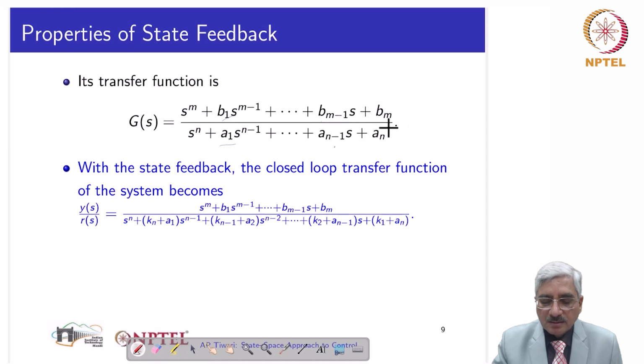b's are positive quantities. Now with the state feedback, the closed loop transfer function of the system becomes this. We have seen otherwise also.